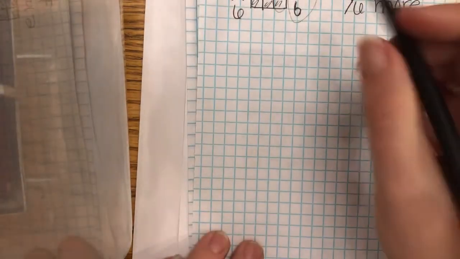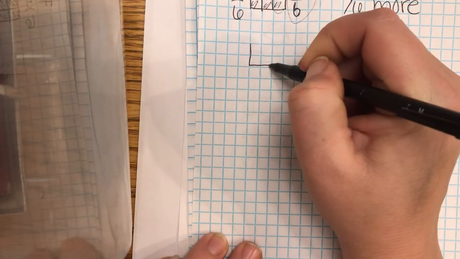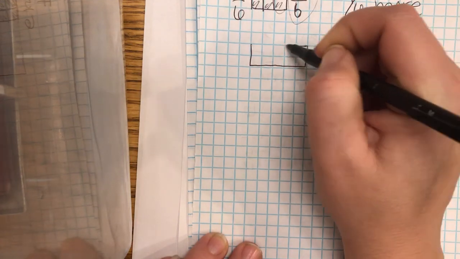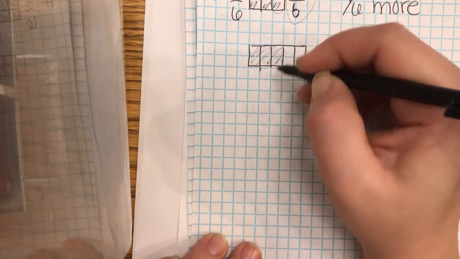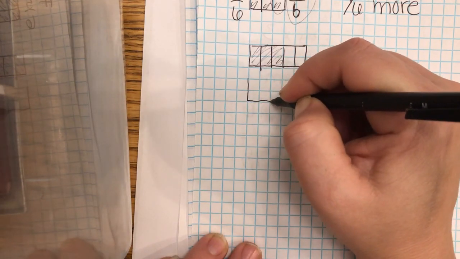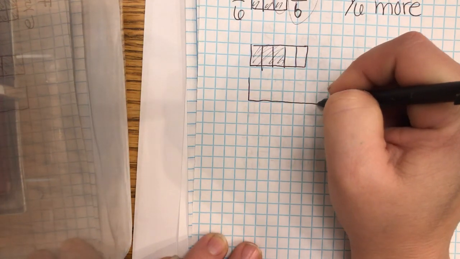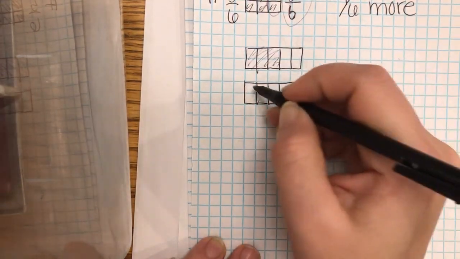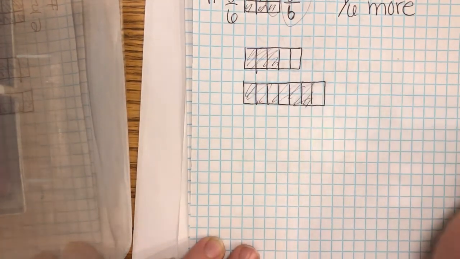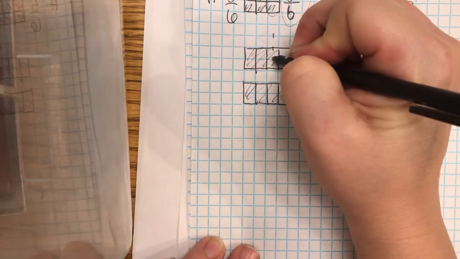3/5 and 6/7. So I'm going to draw 1, 2, 3, 4, 5. And that was 3/5. And 6/7. 1, 2, 3, 4, 5, 6, 7. Okay, this is estimating. I remember we cut things in half.